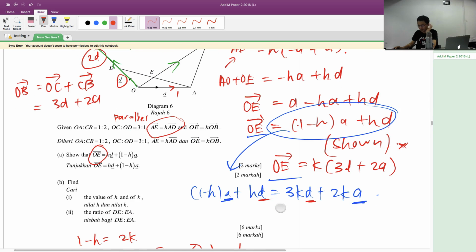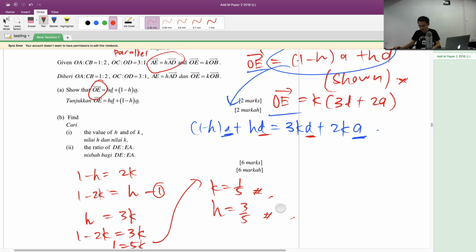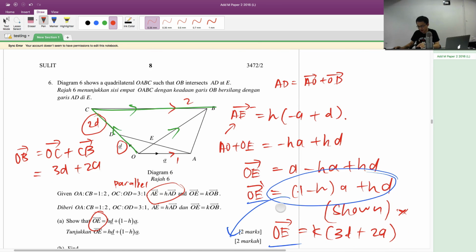Is there any hint we can use to get the ratio DE and EA? D to E, E to A. We can't say it is cut into half definitely, but we can get DA.